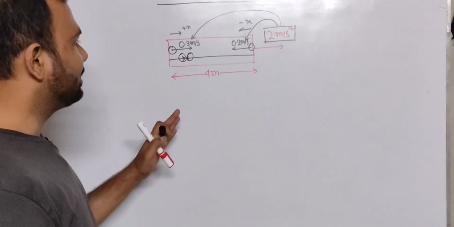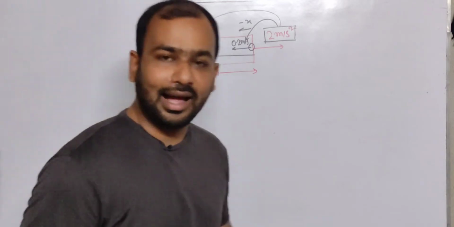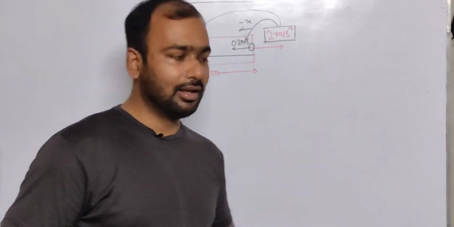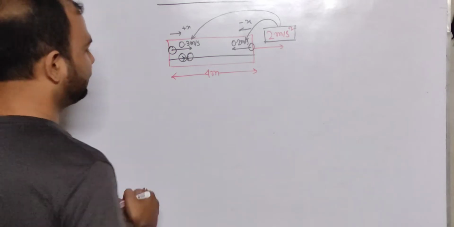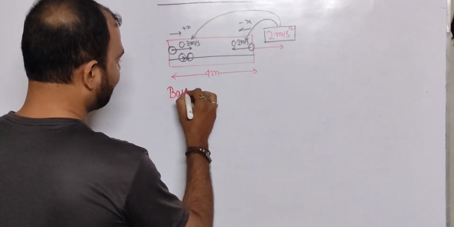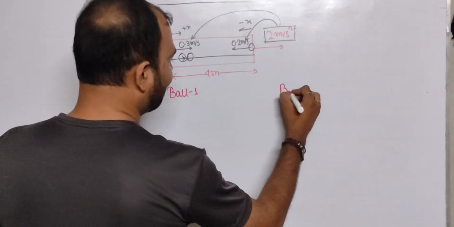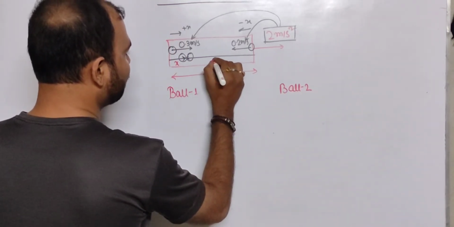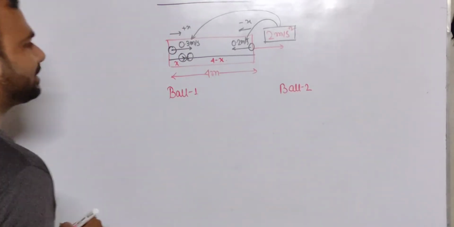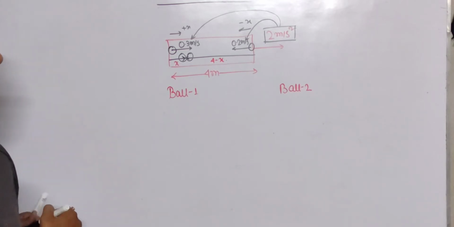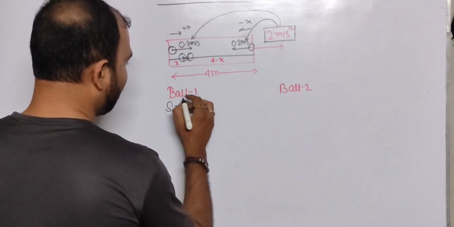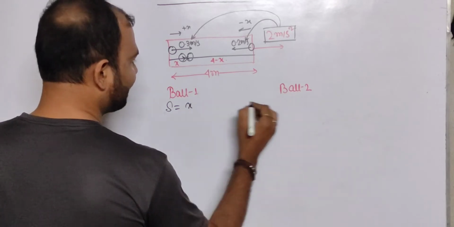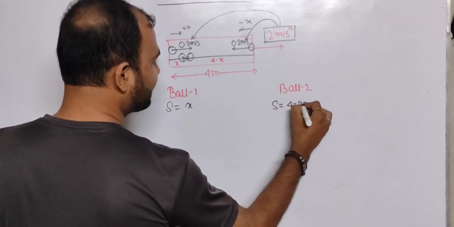Now the question is, we have to find the time when they get collided. For ball number 1 and ball number 2, let us consider the distances as x and 4 minus x. Very simple. S for this body is x, and S equal to 4 minus x.